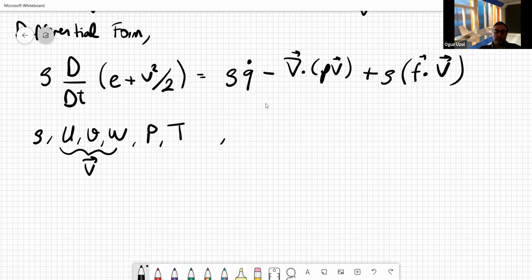And in order to close our system, of course, we have the ideal gas relation or the equation of state, especially for compressible flows where density is not a constant. This is very important. Equation of state.